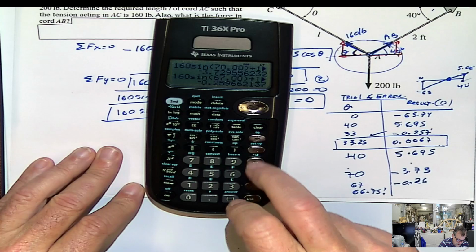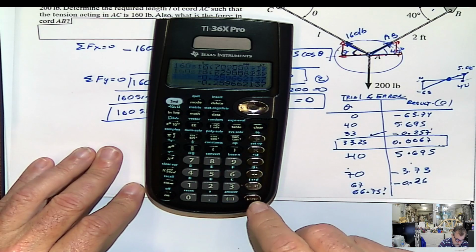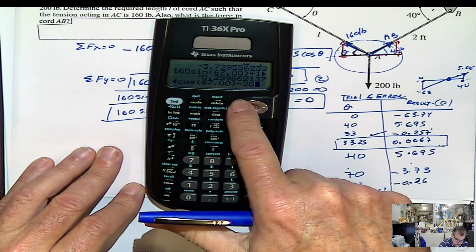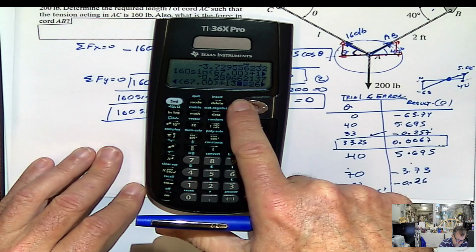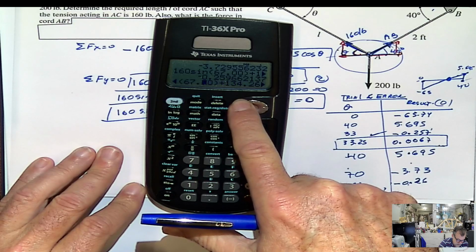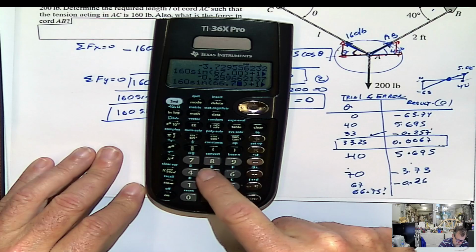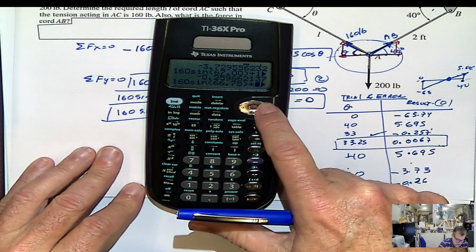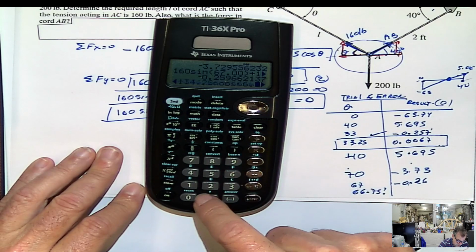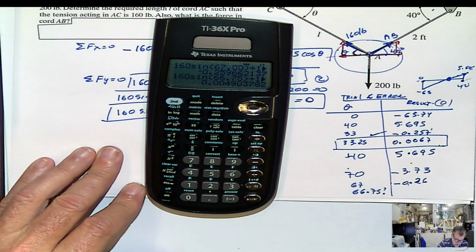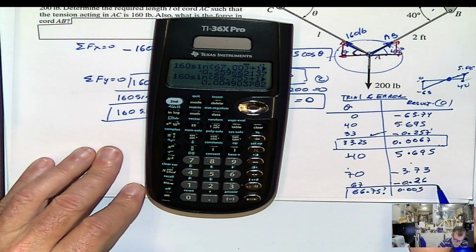So let's try 66.75. See what happened. You see, the solution was really fast. I mean, finding the equations and now solving this simple equation. I get 0.005. That to me is also really close.